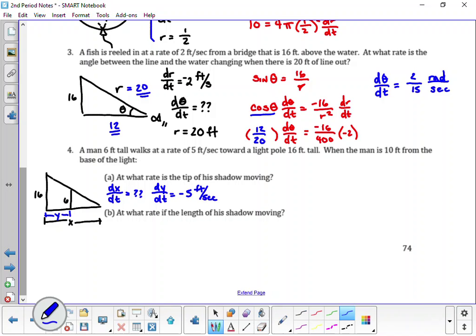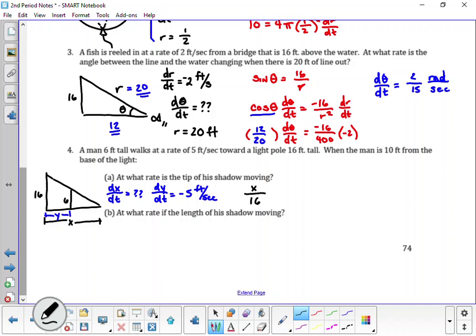This is the same situation as before, where we've got similar triangles, so the ratios of the two triangles are the same. What equation can I set up? I'm going to go x over 16 so I can keep the variables on top.